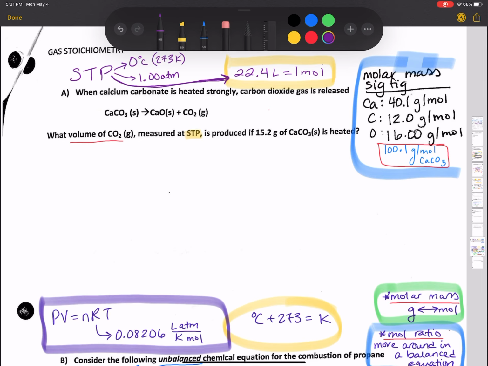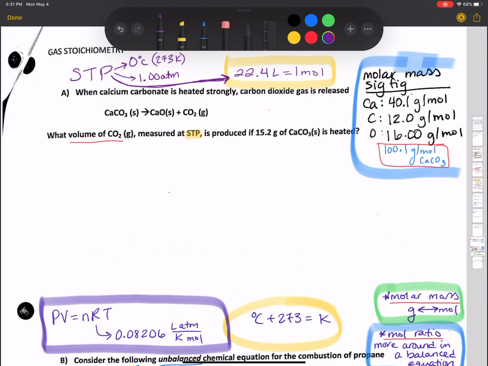There's a conversion factor that's reserved for just STP, and that conversion factor is that 22.4 liters of anything will always equal 1 mole of that atom, molecule, or compound.